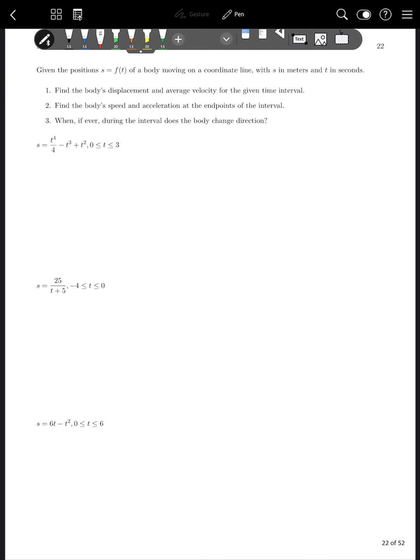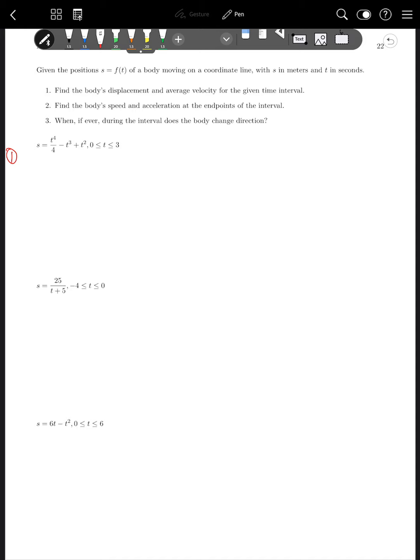So now let's look at some applications to go along with that. It says, given the position s equals f of t of a body moving on a coordinate line with s in meters and t in seconds, find the body's displacement and average velocity for the time interval. Okay, so that's the first thing we want to do. To do those, there are no derivatives involved, right?